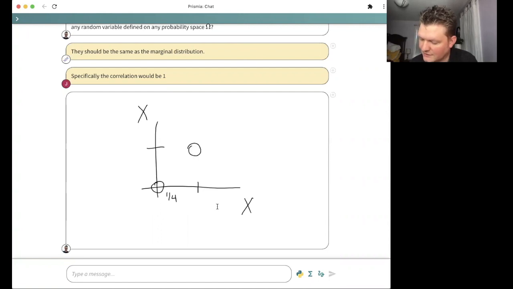So we're going to get a 1/2 unit of mass at 1, 1. And then we get another quarter unit of mass at 2, 2, because there's a quarter probability that X is equal to 2, in which case X comma X is equal to 2, 2. So that's what's going on here. And what you can see happening in this case, and which is inevitable in general, is that all the masses are going to lie along the line Y equals X.